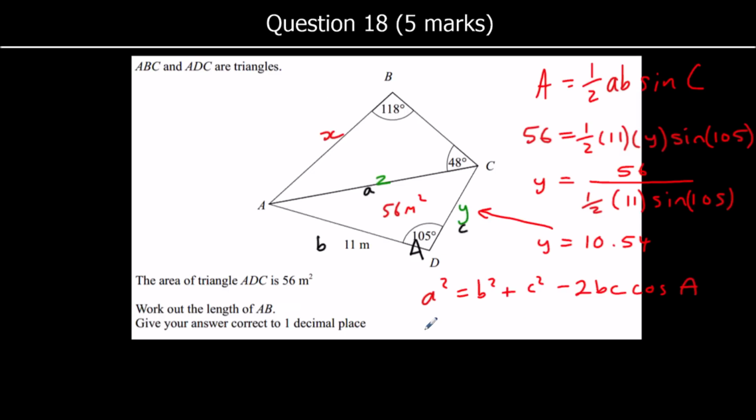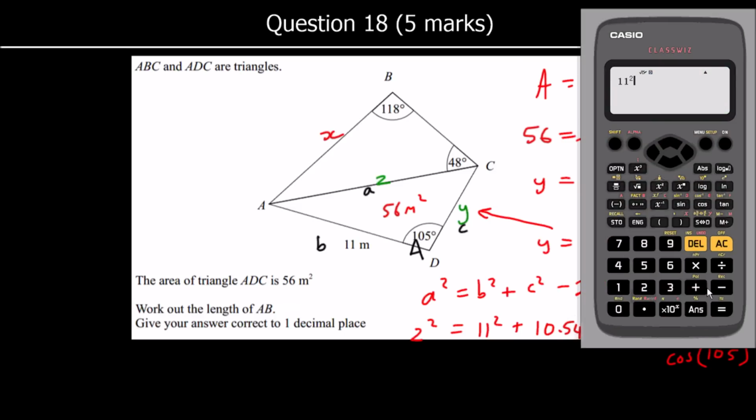So we have z squared equals 11 squared plus 10.54 squared minus 2 times 11 times 10.54 cos 105.